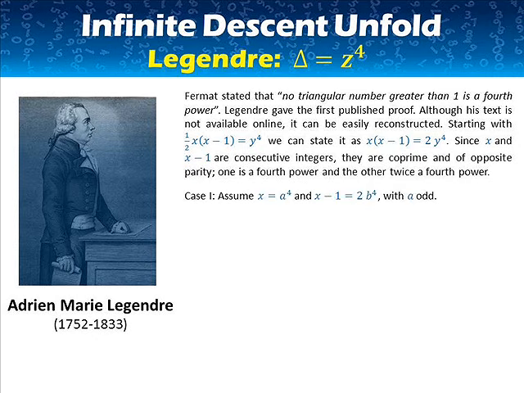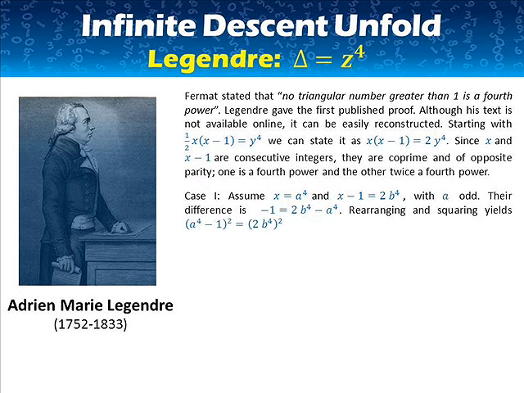Case 1. Assume x equals a raised to the fourth power and x minus 1 equals 2 times b raised to the fourth power, with a odd. The difference is equal to minus 1. Rearranging and squaring yields these two squares, which can be transformed as the square of a raised to the fourth power plus 1 minus 4 times a raised to the fourth power, which equals 4 times b raised to the eighth power.